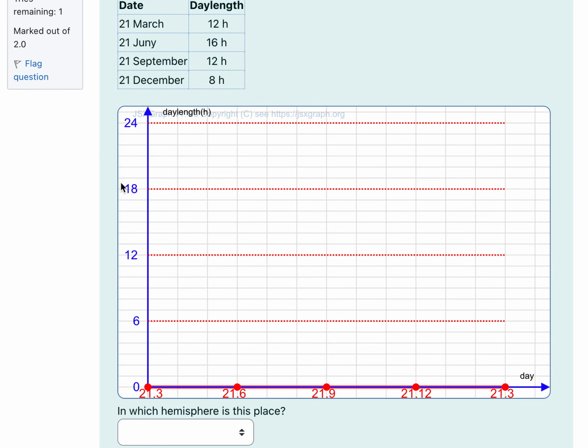This is a formulas question, and then a student has to draw the points.